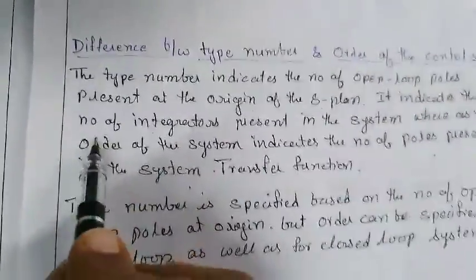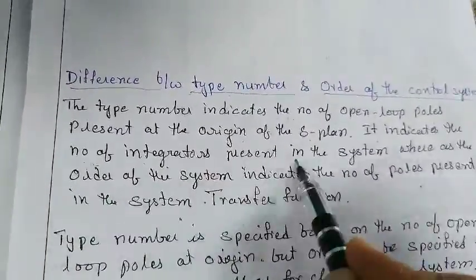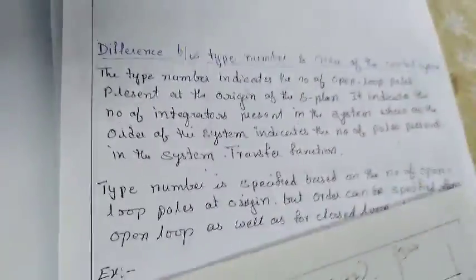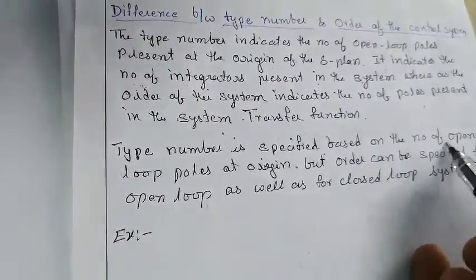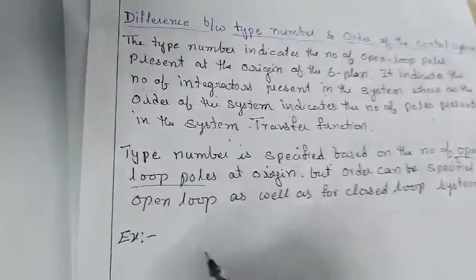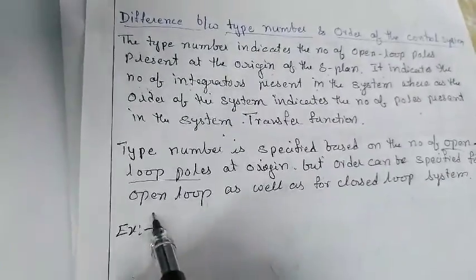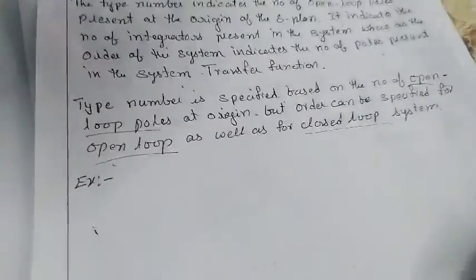That is the reason the denominator poles at the origin indicate the number of integrators in the system. One more difference is that the type number is specified based only on the open loop poles, whereas order is specified for both open loop as well as closed loop.